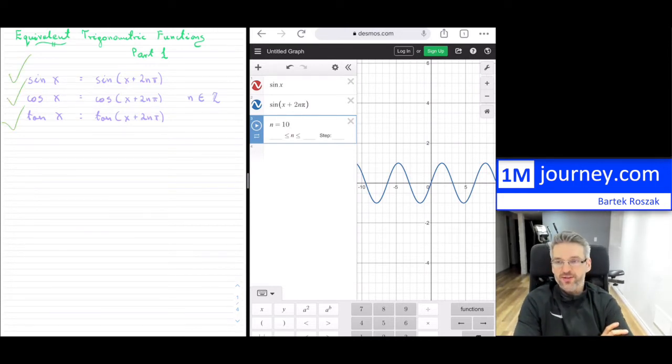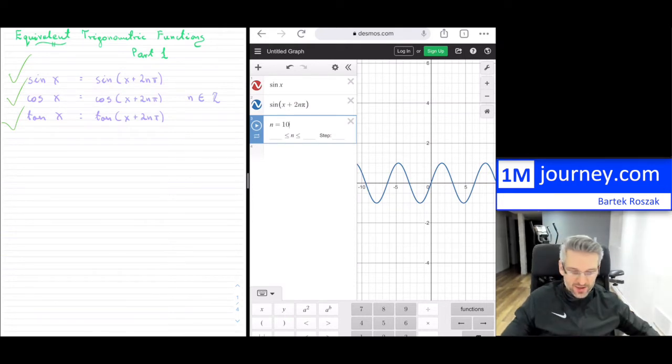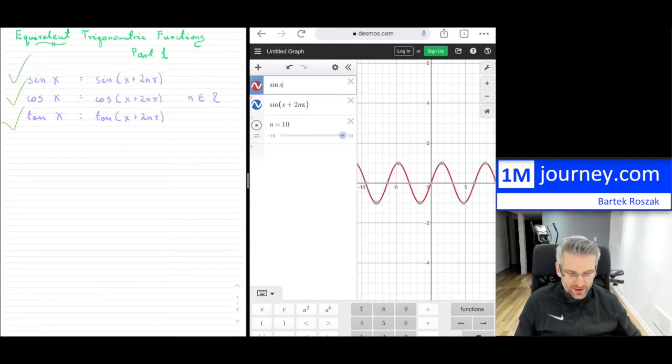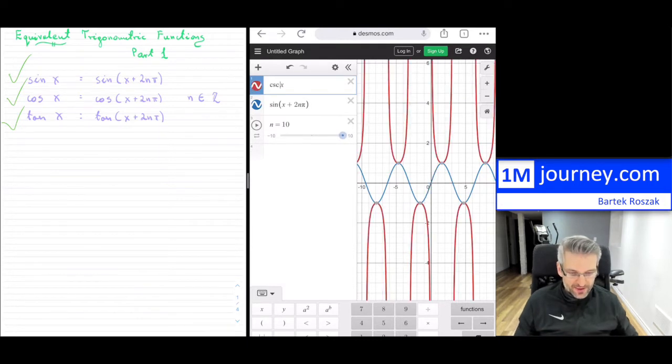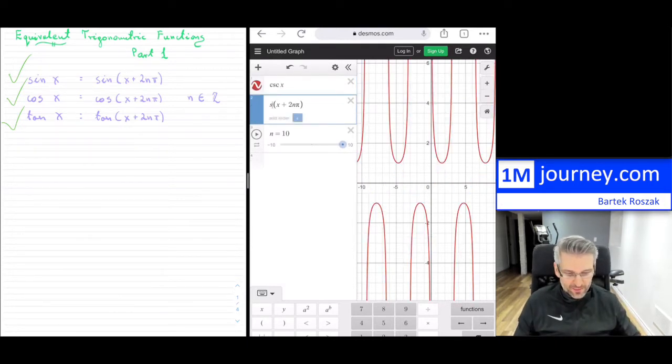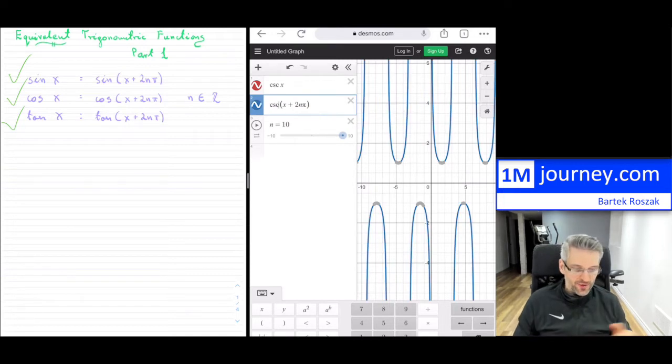And the same thing you can do with secants, cosecants, cotangent. So any of those that we put in here. So if I put in, instead of sine, let's say, cosecant, and then I'm going to put cosecant here, notice they just right away overlap each other.